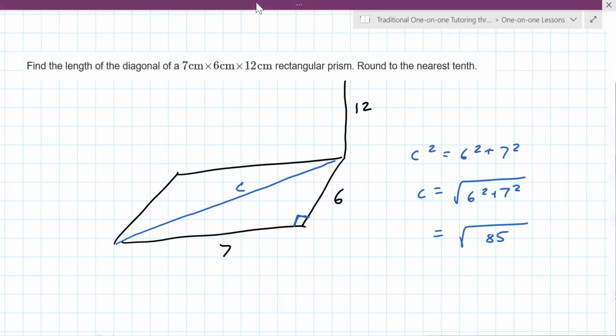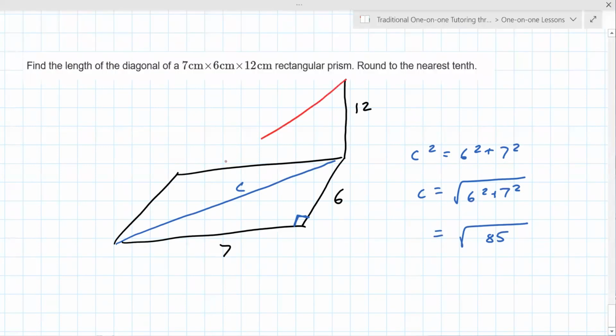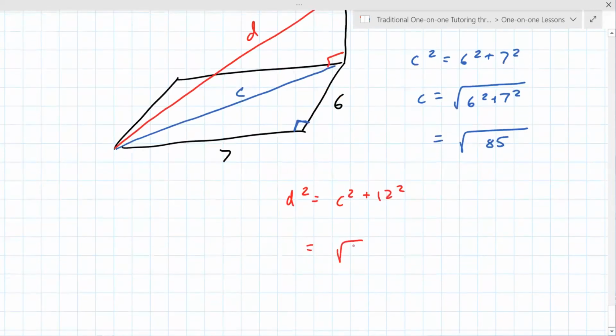And then to find this diagonal here, which is the one they're asking about, this is another right triangle. So I'll call this D. D squared equals C squared plus 12 squared. Your C is the square root of 85. So it's 85 plus 12 squared, and then you take the square root of that.